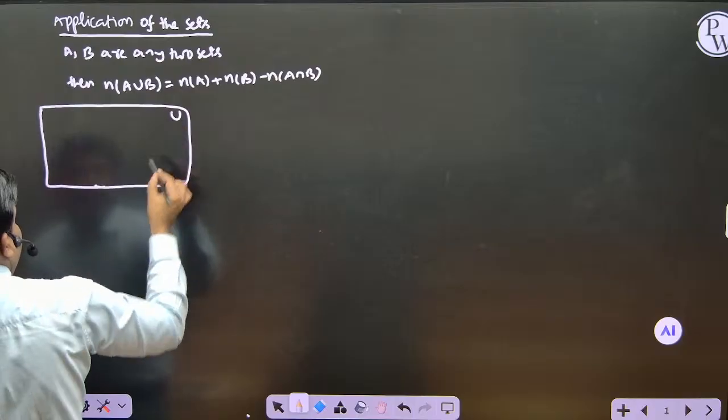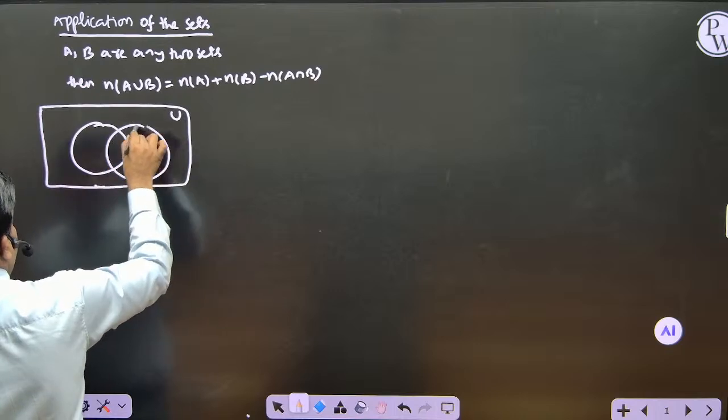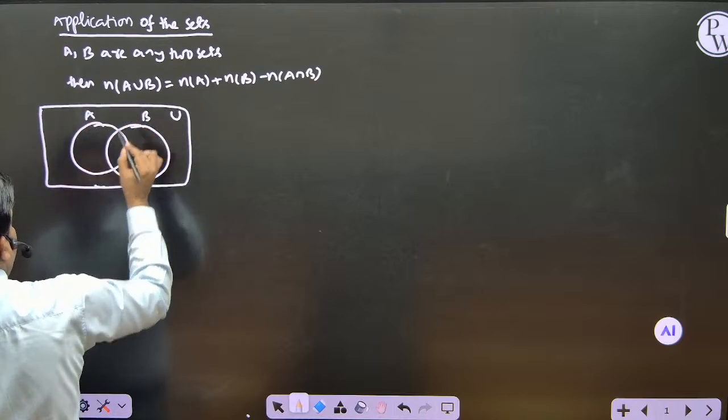As you know, the rectangle is the universal set, and A and B are any two sets.